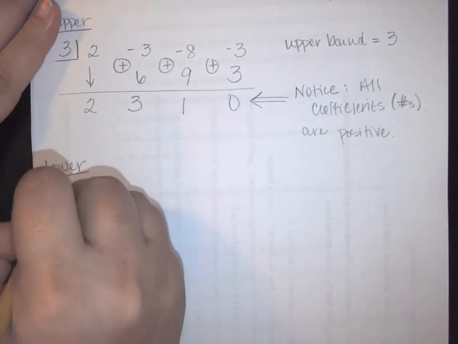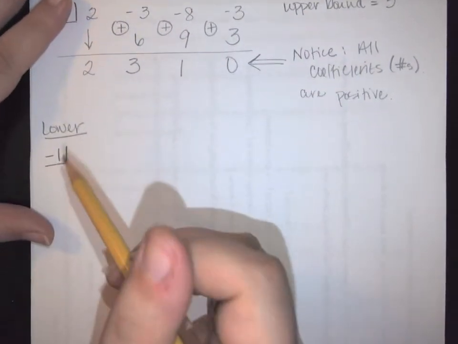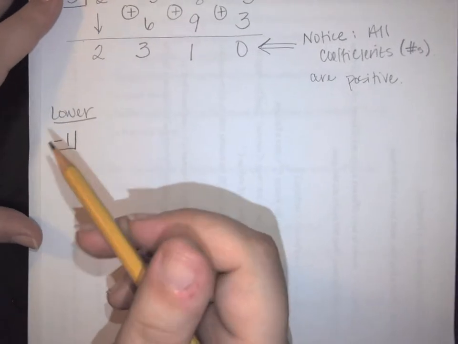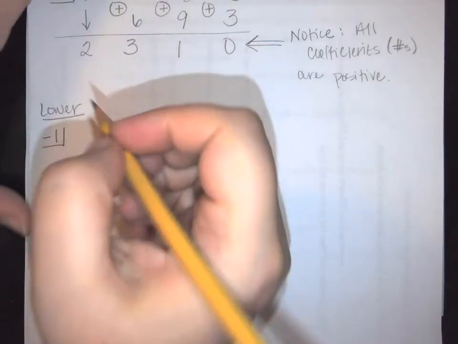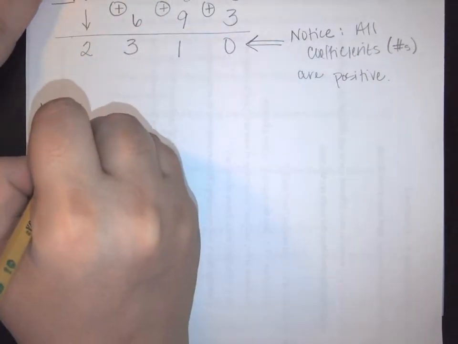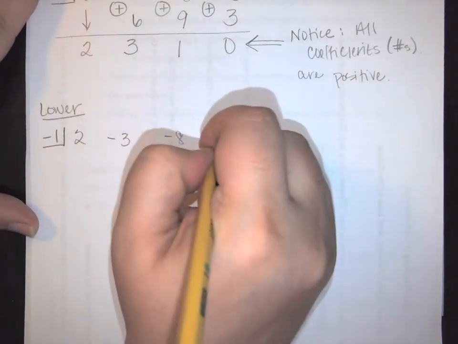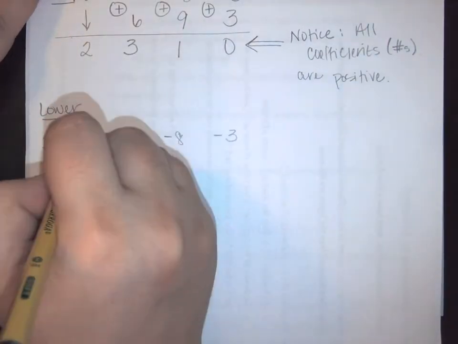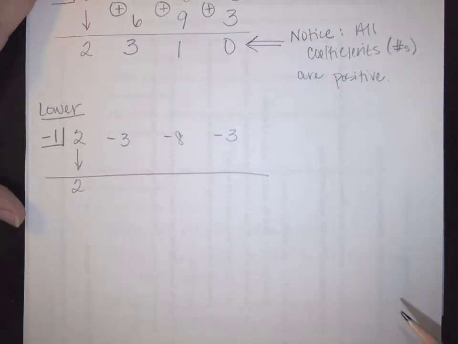I know technically it's smaller, but for all intents and purposes, 1 is bigger than 1/2. Essentially, you're looking for the number that's further away from the origin. Okay, so that's what we're doing. And again, we got to start from the beginning. 2, negative 3, negative 8, negative 3. Drop down your first term, and now let's see what happens.